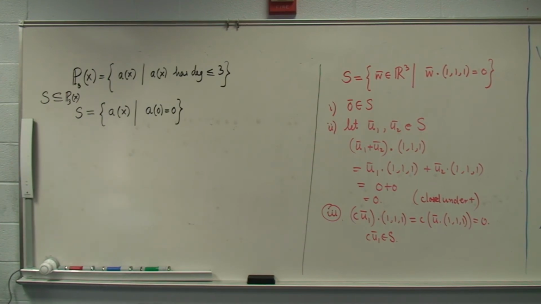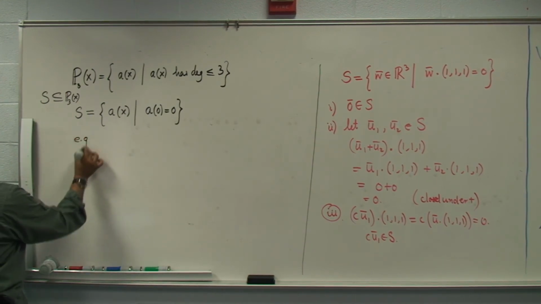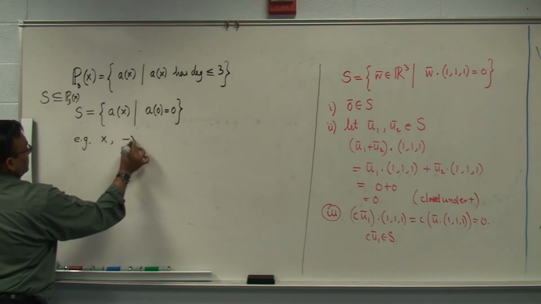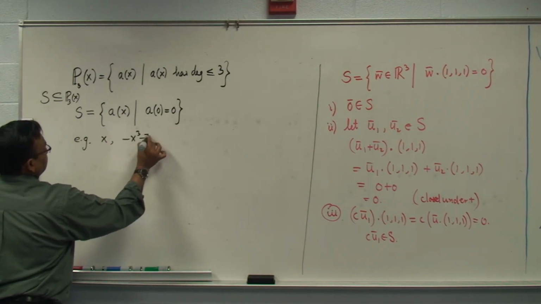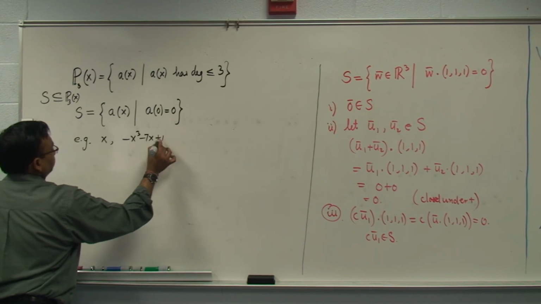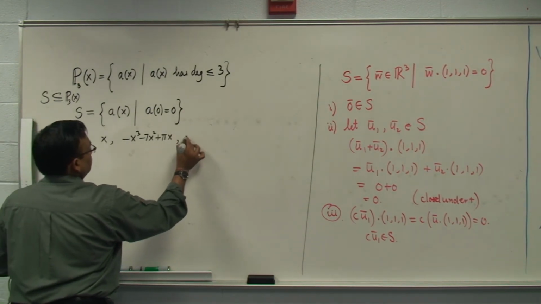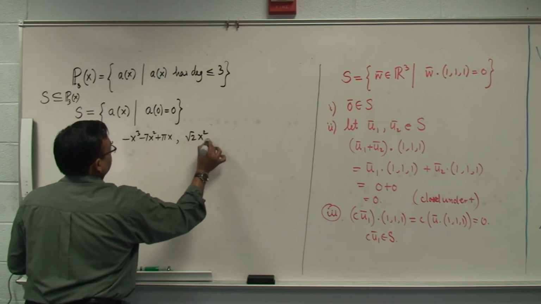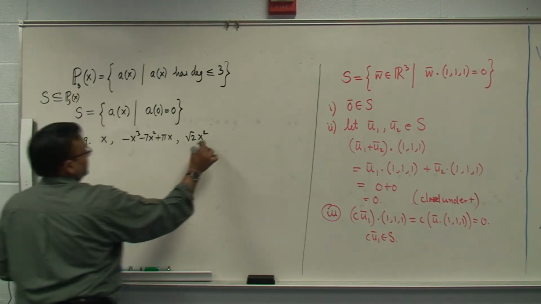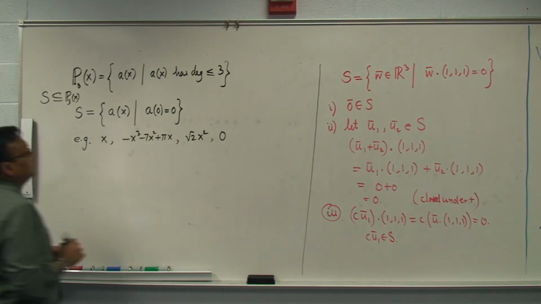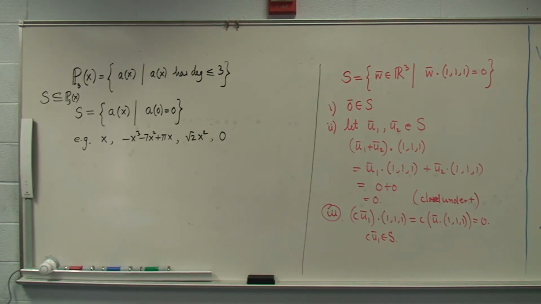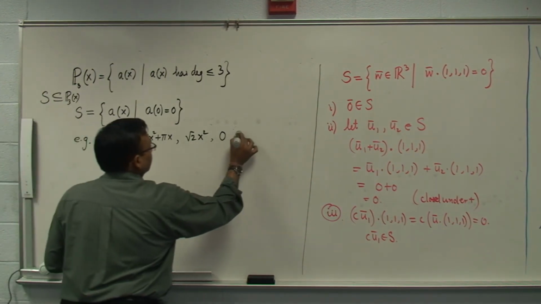So things like x minus x cubed, plus 7x, plus 7x squared, plus square root of 2 x squared, all these guys live in here. In fact, the zero polynomial also lives in here because, of course, the constant term is 0.